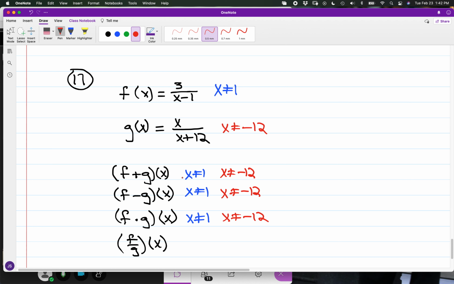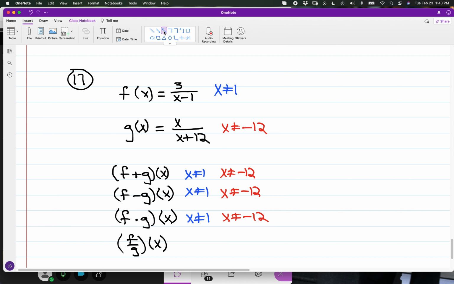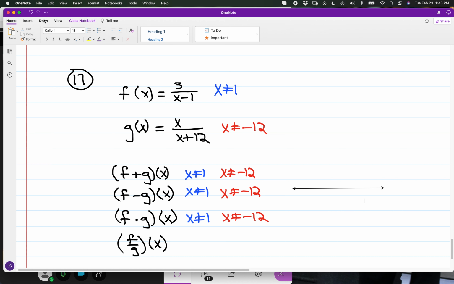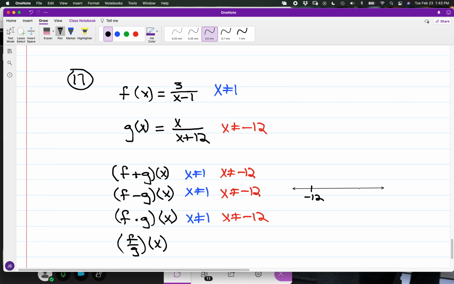So to be able to work with f, x cannot be equal to 1, and to be able to work with g, x cannot be equal to negative 12. So taking what we have in the overall picture, we're leaving out both negative 12 and 1. So you have a hole at negative 12 and a hole at 1.